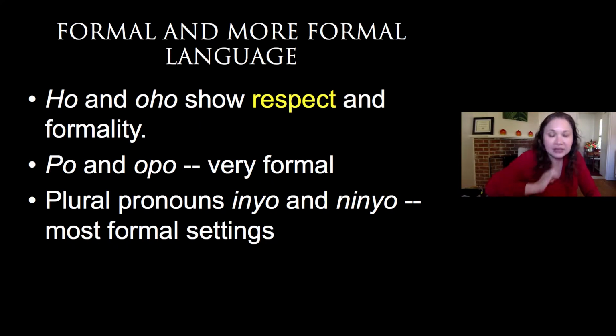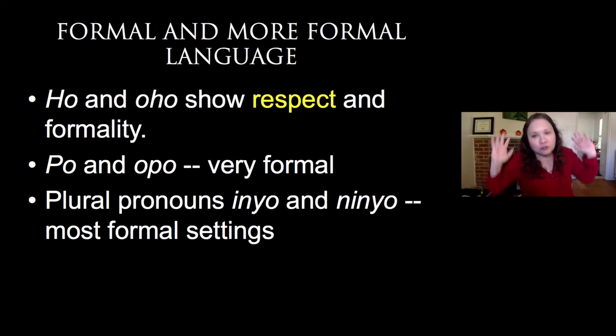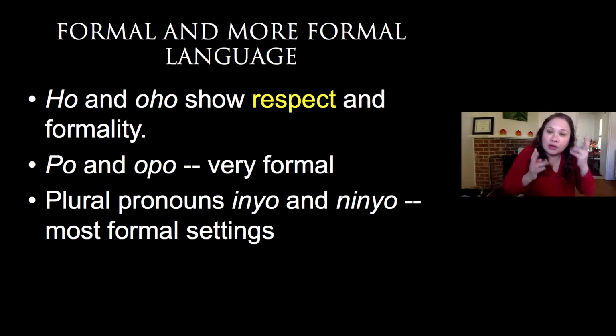Okay? Now, let's talk about formal and more formal language. Okay? So, you have two words. Ho and oho show respect and formality. What is oho? Oho is yes, right? But usually we just say oo, which means yes, but to show respect, you say oho, right?